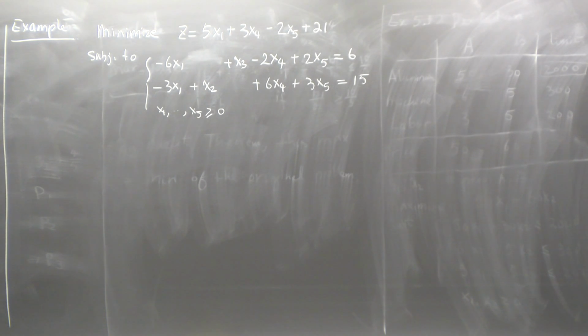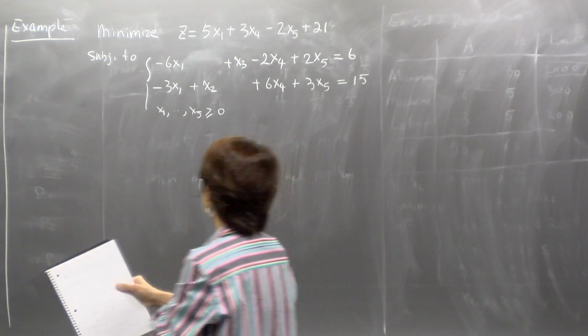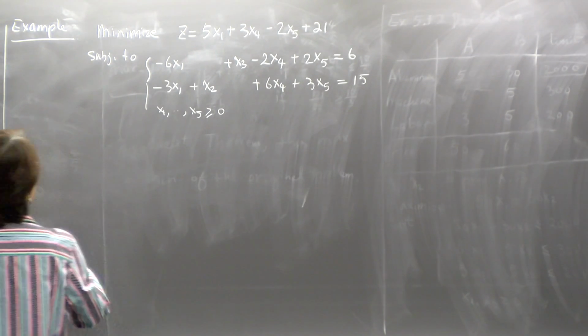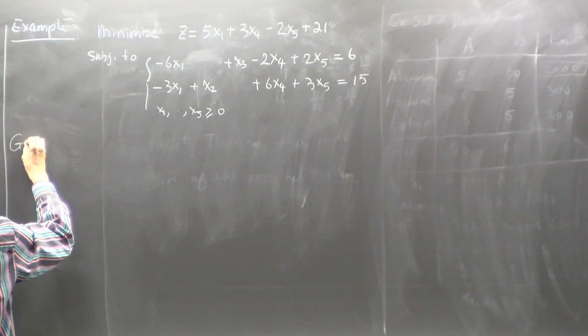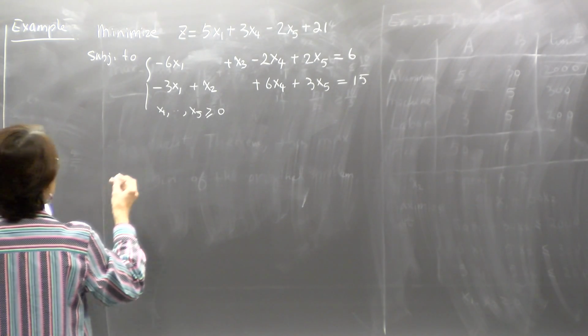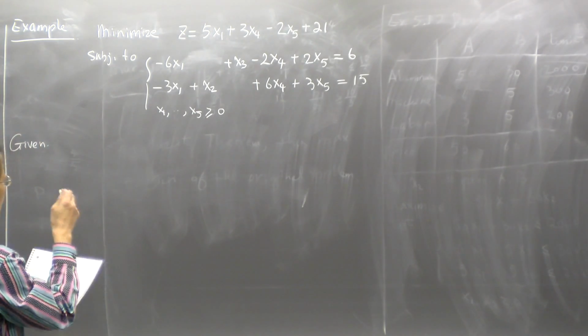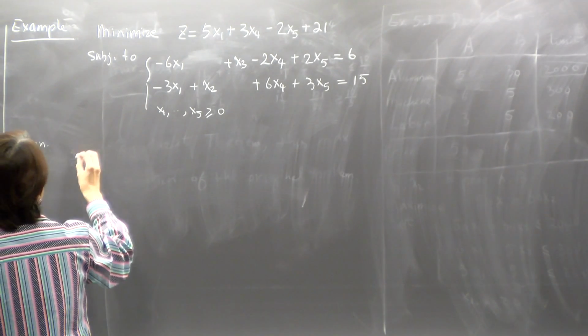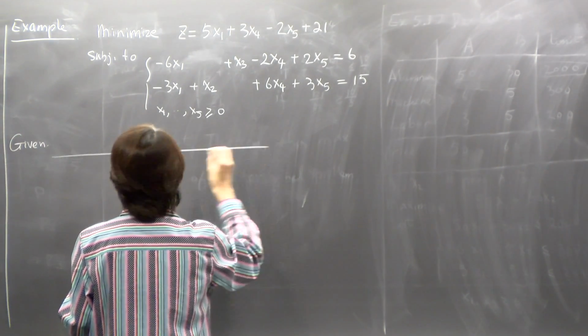So the original problem is already in canonical form, and you can put it in the LP assistant if you want. I'll put these on the blackboard, because I need to go and point at these numbers to show you where I take out all this information.